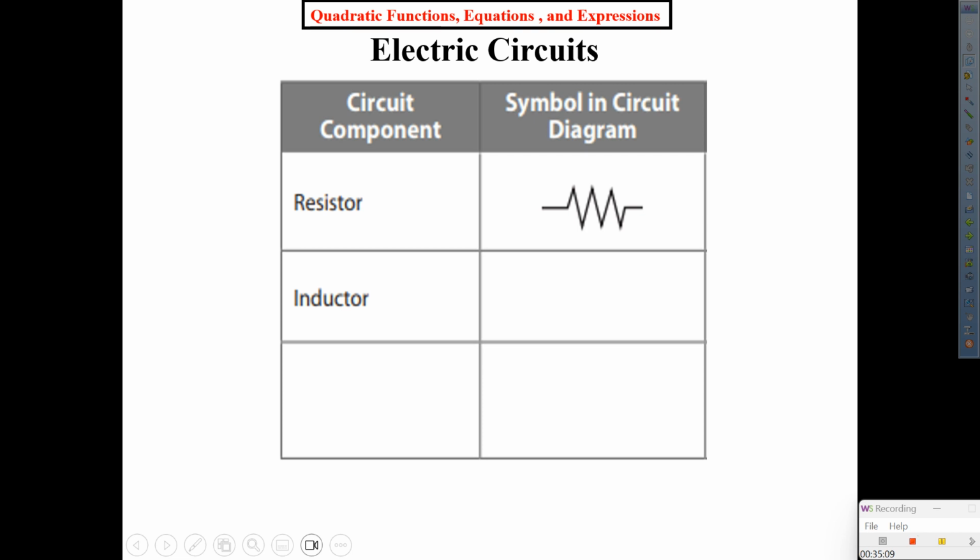Take a nail, get a wire, wrap it around the nail as many times as you can, and then connect it to a battery, either a C or D or an A, and all of a sudden that nail becomes a magnet. Why, Mr. Q? Because the wire that's being wrapped around it creates a magnetic field with all that energy going through it. That's why the symbol for an inductor is like that, a wire being wound around something.